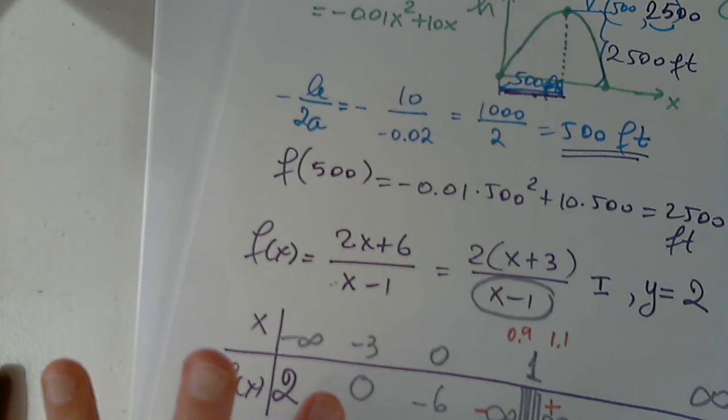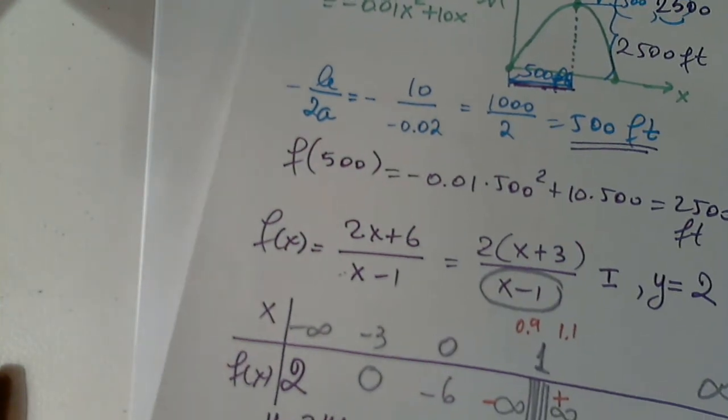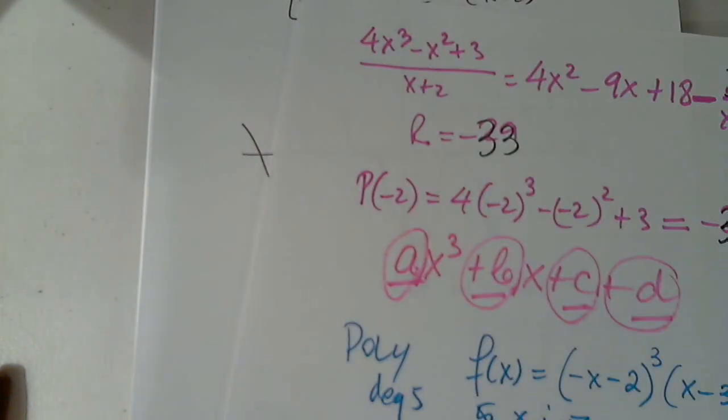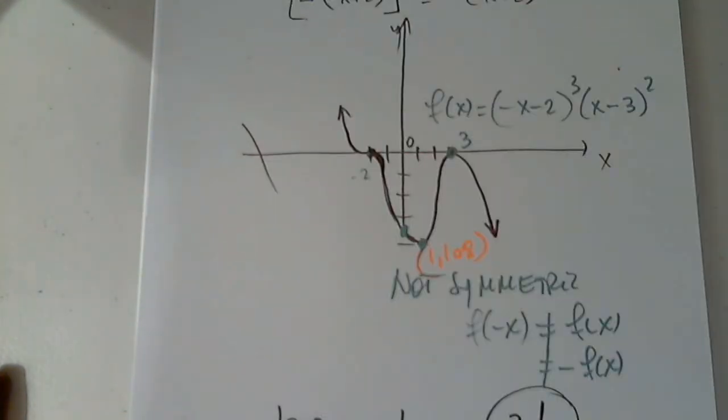But if it's type 3, which I will not ask you to graph, I will ask you if this function has a slant asymptote, and if it does, find it. Don't graph the function. So you may have something like this.